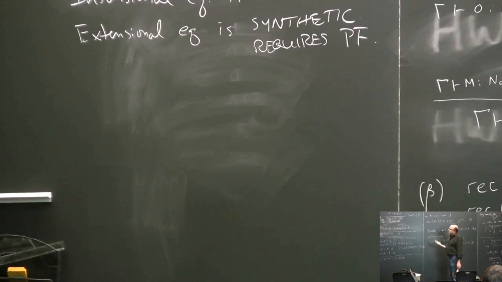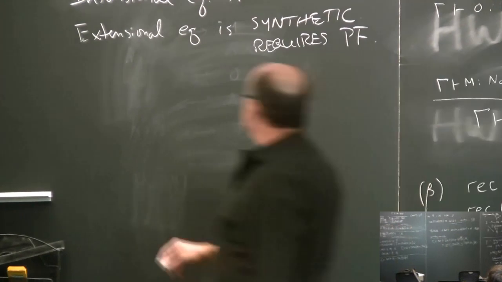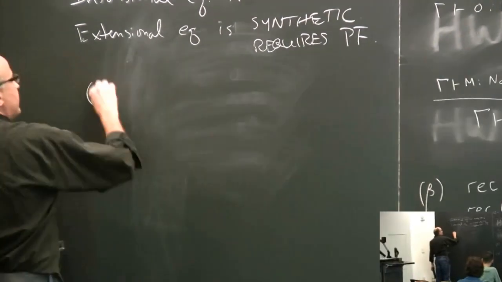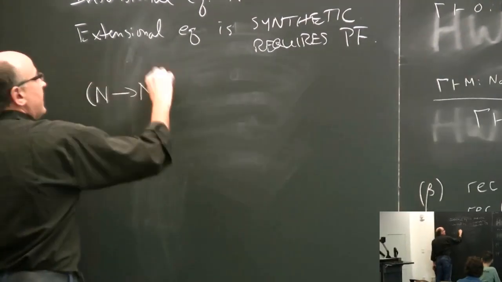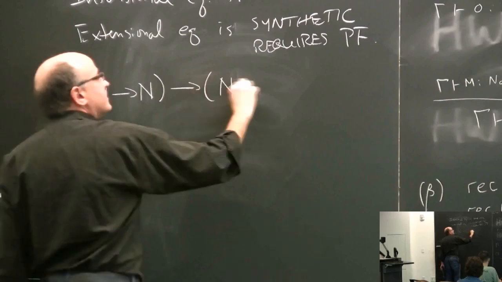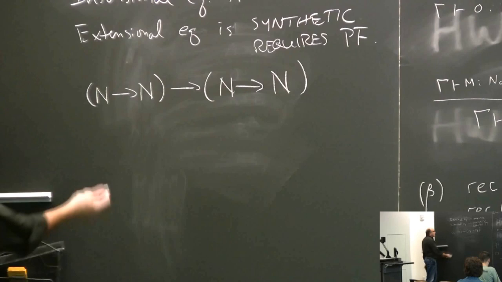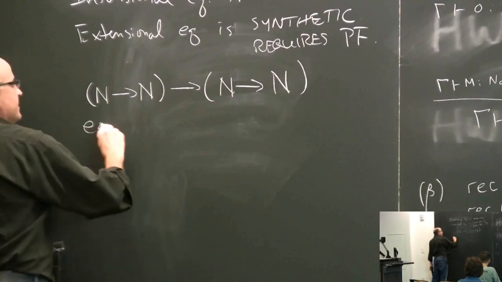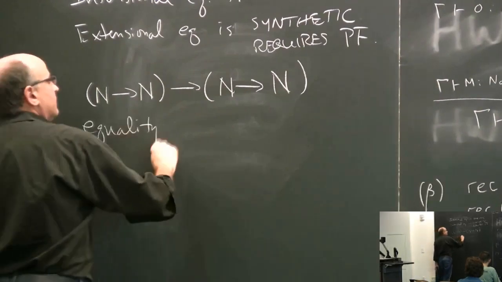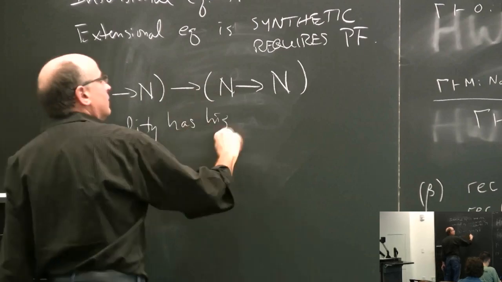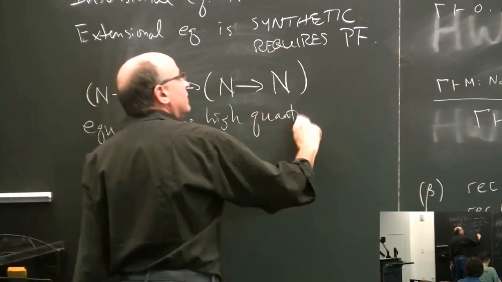But if you think for a moment about what extensional equality of functions is, the quantifier complexity of, let's say, we have a type like this, N means nat now, equality here has very high quantifier complexity.